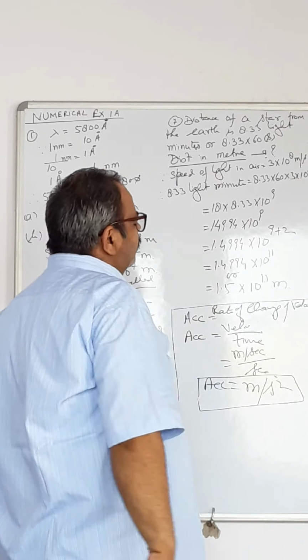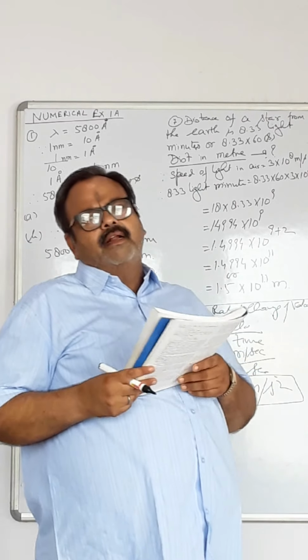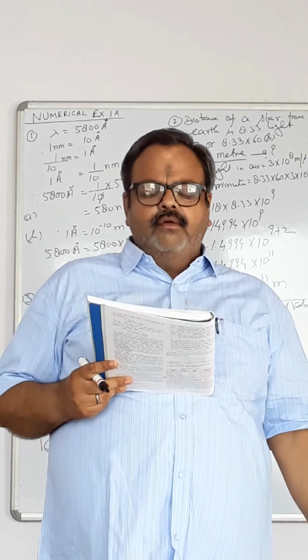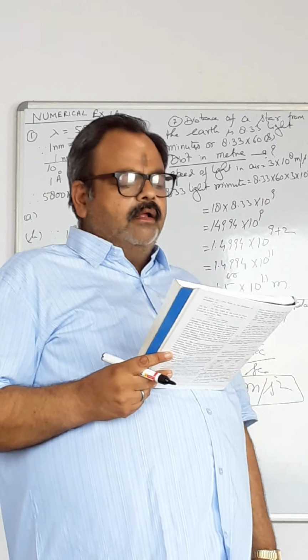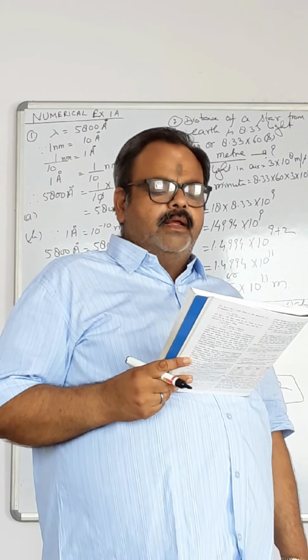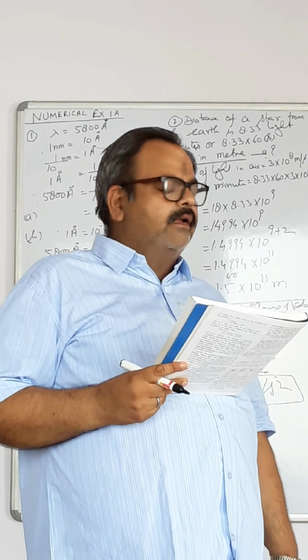In this way, these or other derived units we can derive from the fundamental units. Force is mass into acceleration. Mass is in kilogram, acceleration is meter per second square.